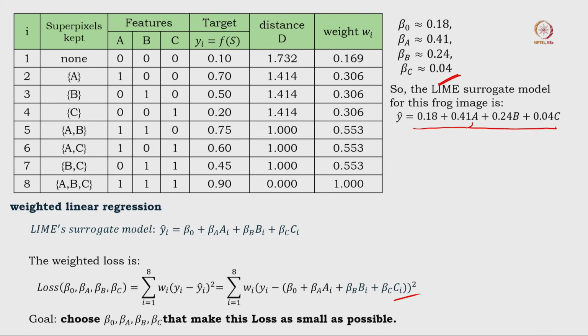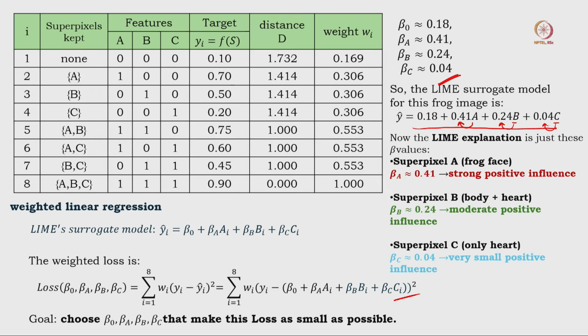The coefficient of A is 0.41, the coefficient of B is 0.24, and the coefficient of C is 0.04, which means the LIME explanation is just these beta values. Since superpixel A has the highest value, it has a strong positive influence on the model prediction.